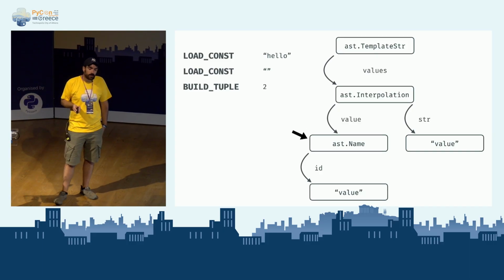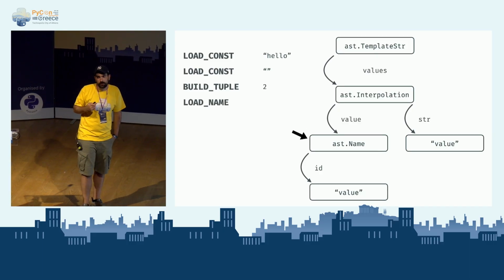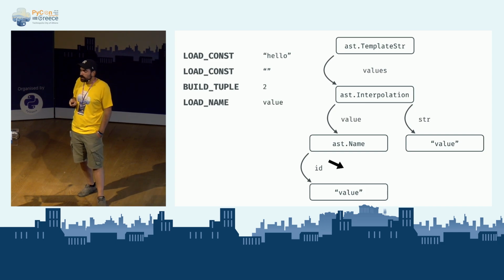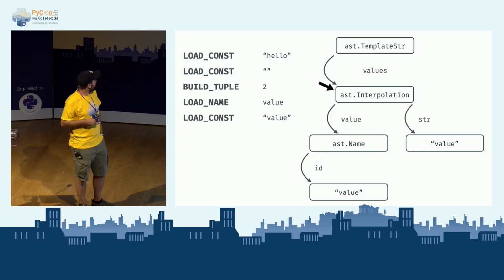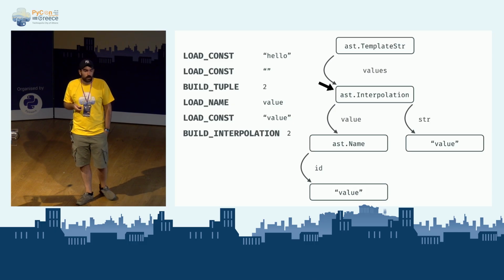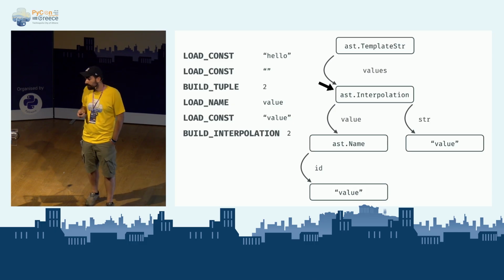But when it sees the interpolation, it's actually a bit easier. It loads the name because it sees a name node. It knows what the ID is, so it adds it as a parameter. It loads a constant again. And then the interpolation is a build interpolation instruction with the argument 2, just because there's 2 elements in it.